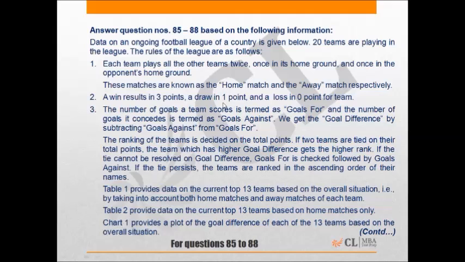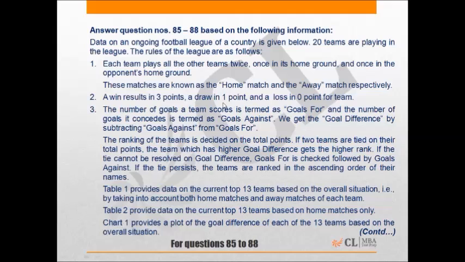The game which is played at home ground is known as a home match, and the game which is played at the opponent's ground is known as an away match. The second rule is a win results in 3 points, a draw in 1, and a loss in 0 points for a team.